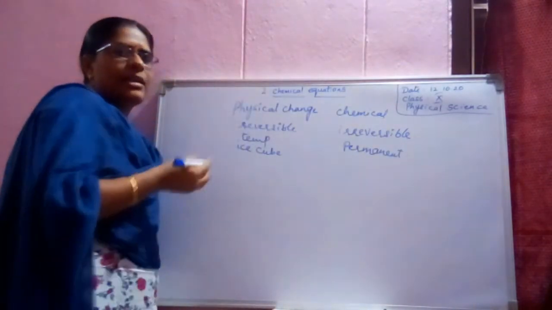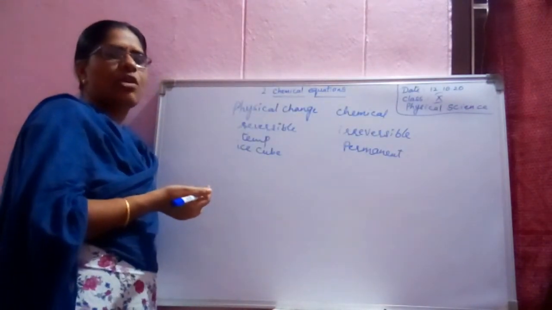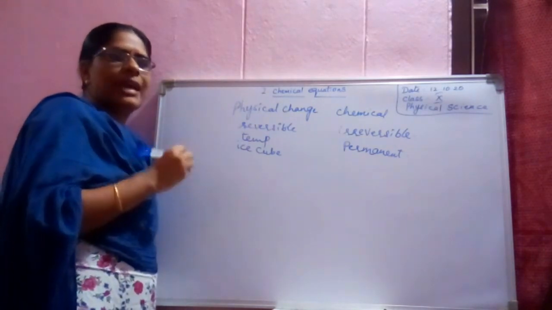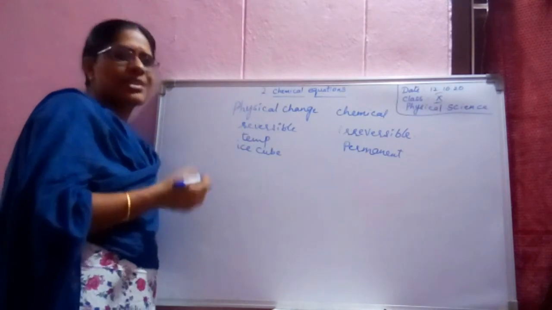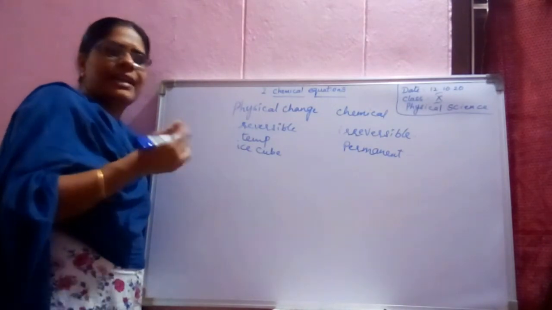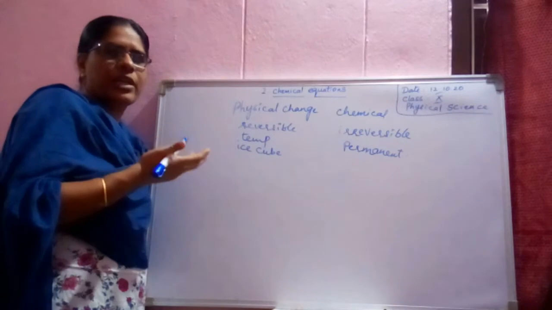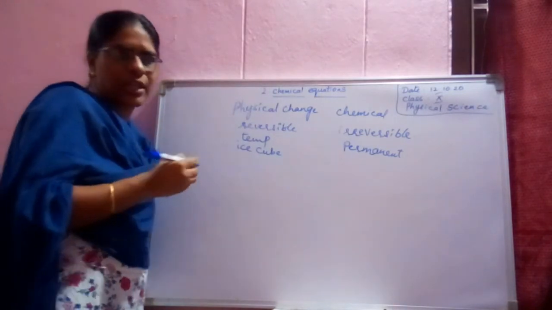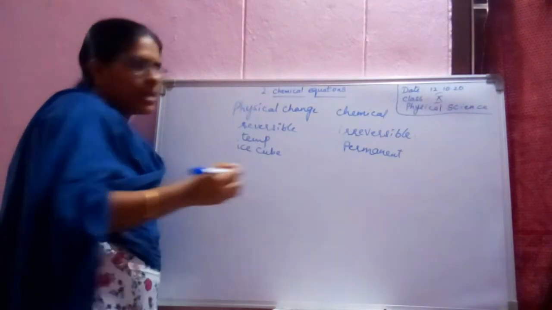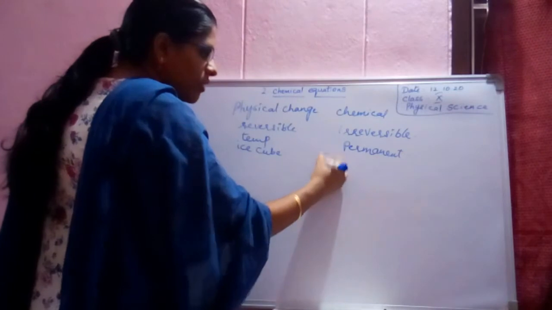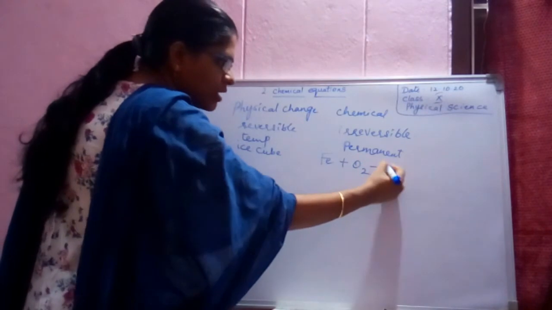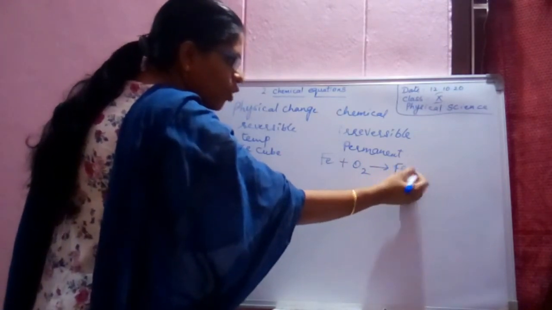Like rust formation, forming rust on an iron nail. What we have done: an iron nail is kept for some days outside your home. Then the iron nail easily reacts with the air and water present in the atmosphere and forms rust. Iron, whose symbol is Fe, reacts with oxygen and forms FeO.